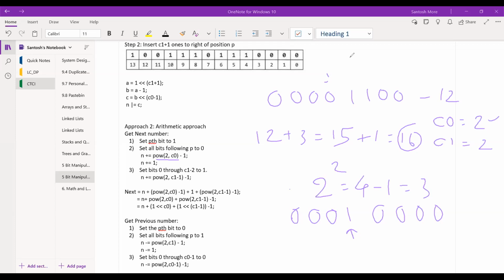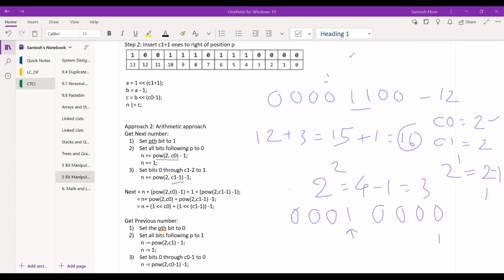Because now we have set this one bit over here, we are left with another one bit which we have to set over here, right? So C1 is 2, 2 minus 1 will be 1, which will be 2, and then subtracting 1 gives 1.